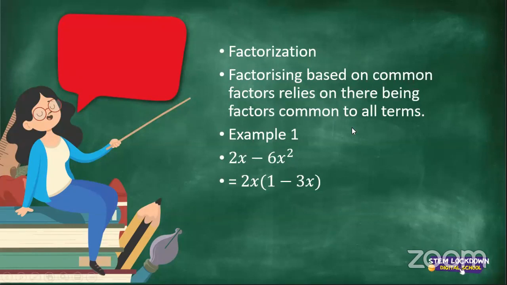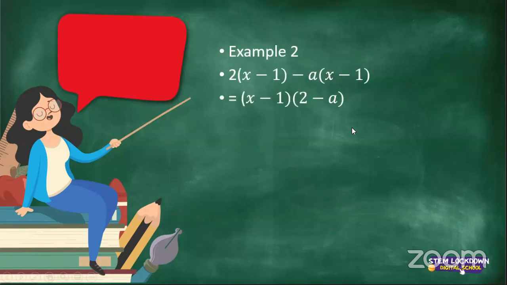And of course, the second example, as you can see, we have the following. In this case, you have 2 open bracket x minus 1. And if you look at the expression there, who can tell me what is the common factor?